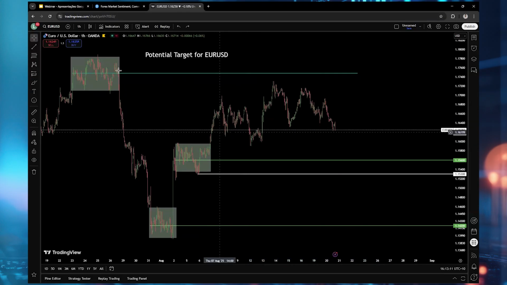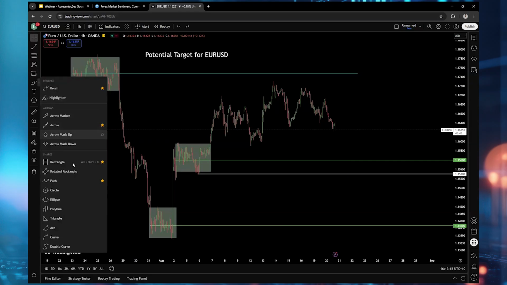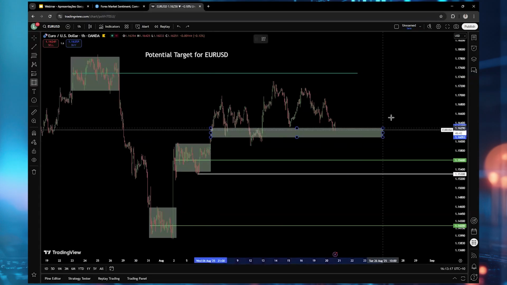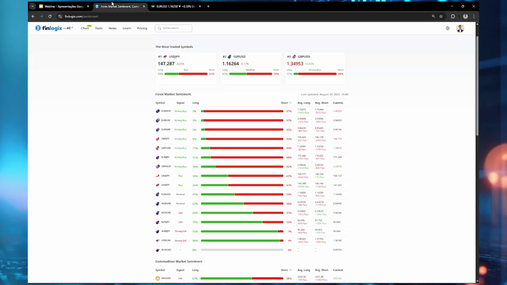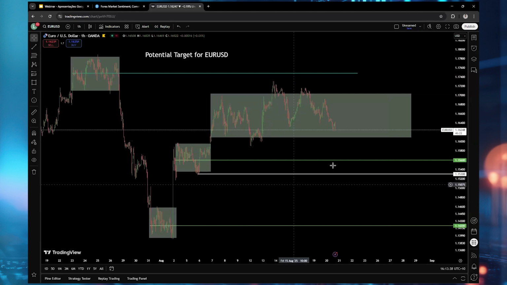So based on right here, we can clearly see that the market is in a sort of consolidation at this moment, okay? And that the bottom of the consolidation is close to the 1.16. So having in mind that only 41% of the traders are long, what we want to do is trade against that and go for long positions.